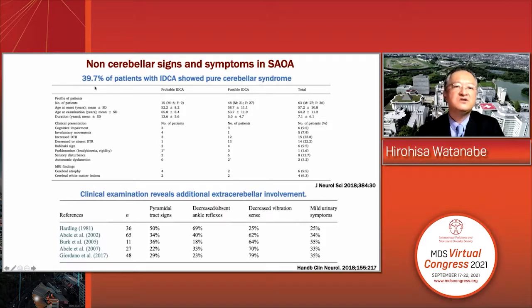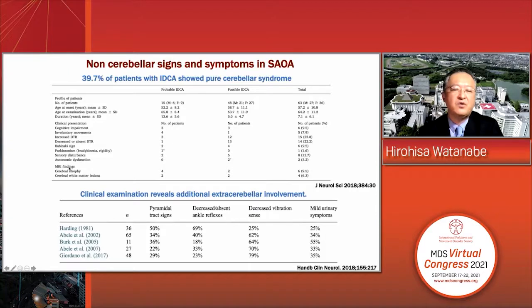This study also shows that 39.7% of patients with SAOA showed a pure cerebellar syndrome. In other words, 60% of patients with SAOA showed a non-pure cerebellar syndrome.